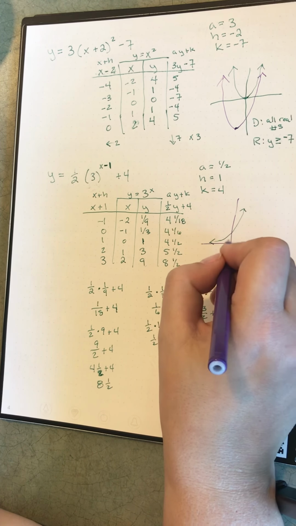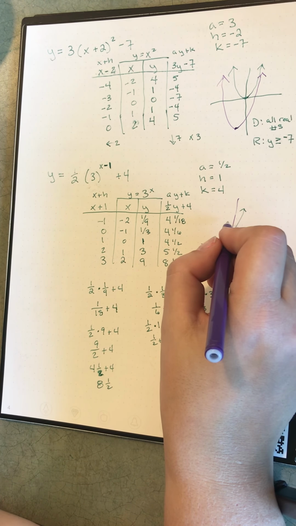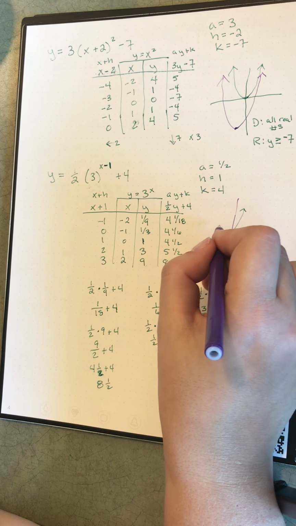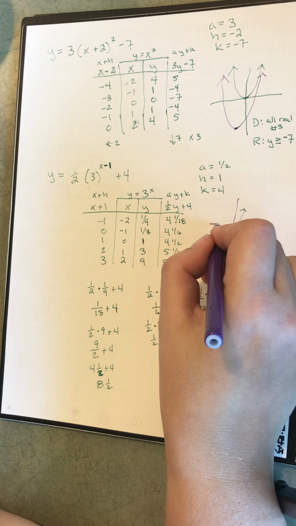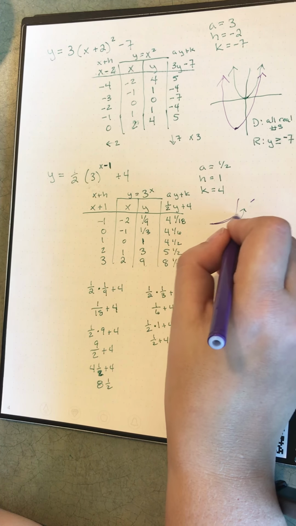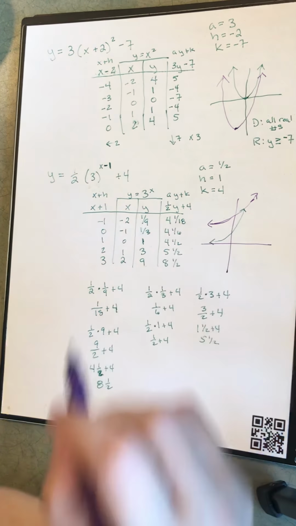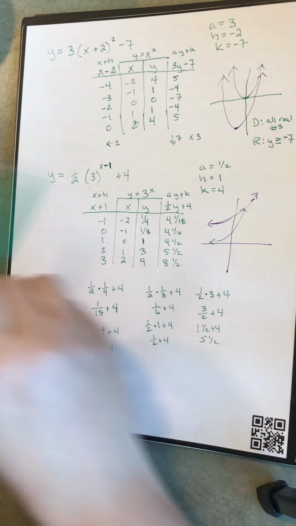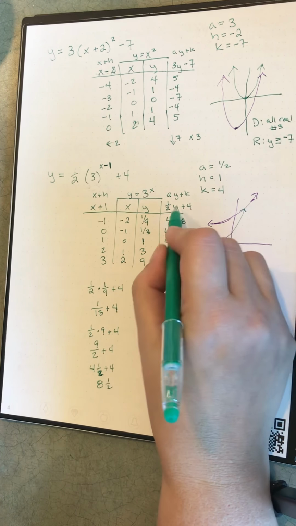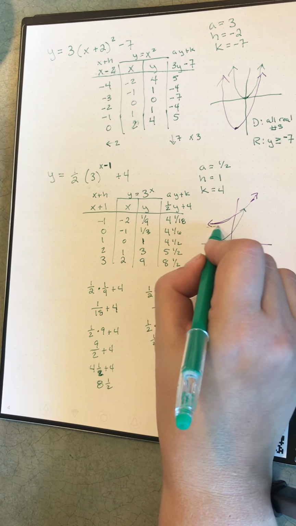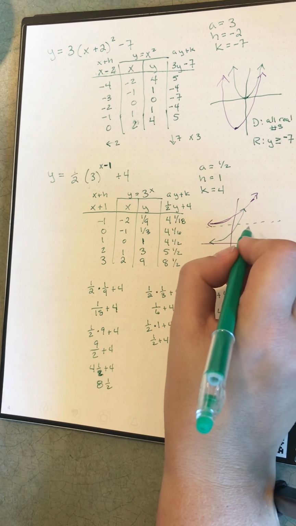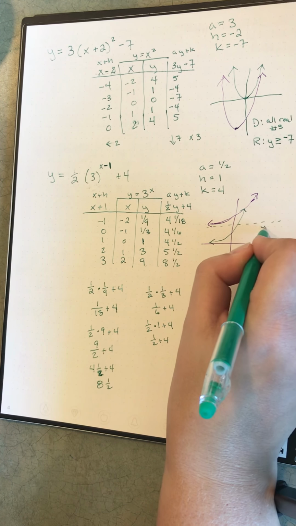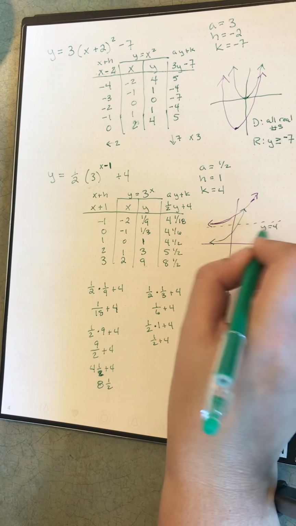And then it's gonna shift up, but flatten out a little. So it's gonna be more like this. So my asymptote is at 4. That's the equation for my asymptote.